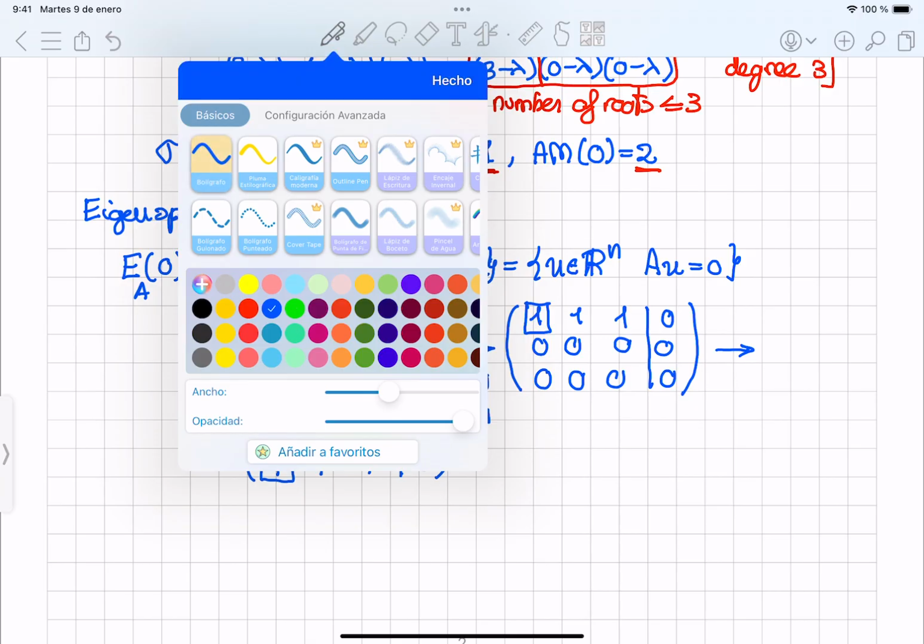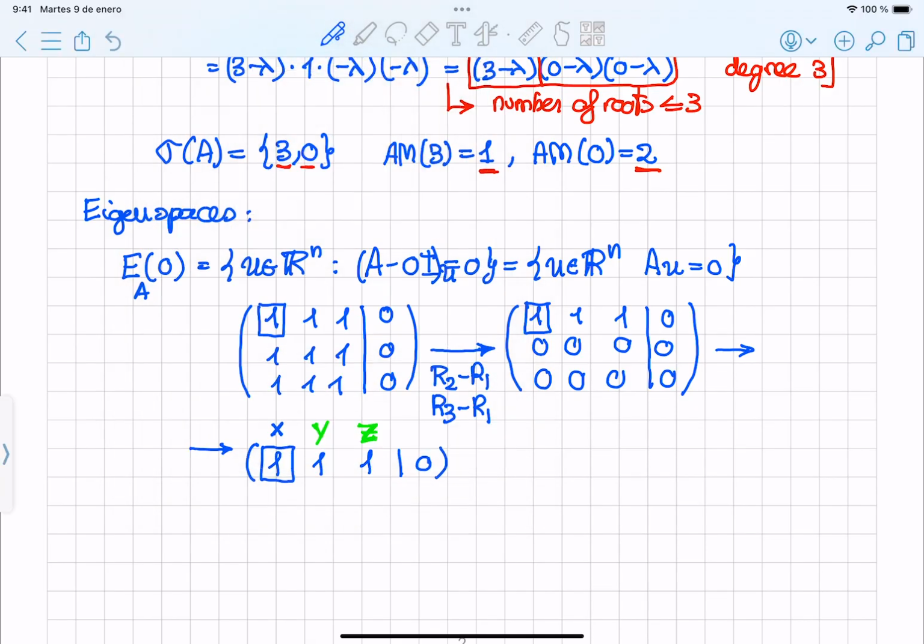So the goal for solving this is expressing the pivot variables in terms of the free ones. The free variables, as the name suggests, are free, so they can take any value, but the pivot variable should be expressed in terms of the free ones.